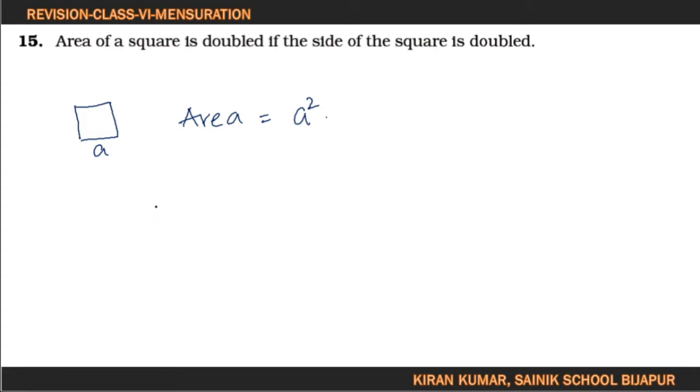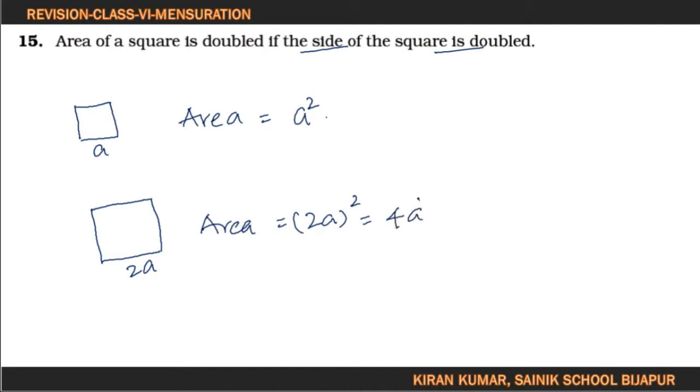This is for a square with the side A units. If the side of a square is doubled, then we get a new square with the side 2A. Then what will be its area? Area will be 2A whole square. This becomes 4 times A square.